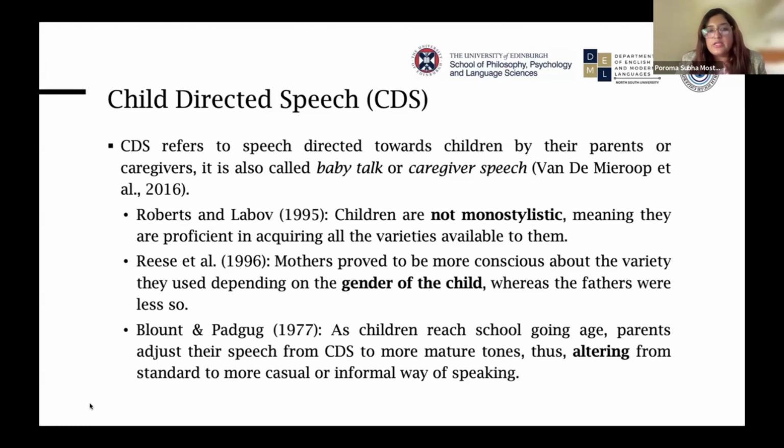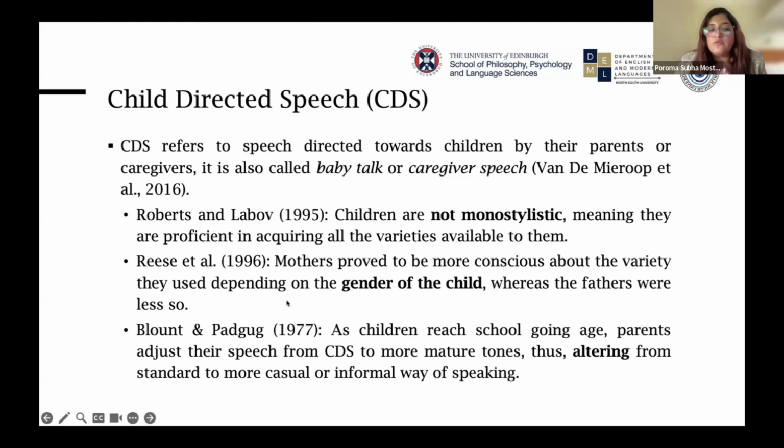Then we identified a couple of studies that I felt are worth mentioning. From Roberts and Labov, although this study is a bit old, it was quite relevant in the sense that they did mention that children are non-monostylistic, so they are proficient in acquiring all varieties available to them.